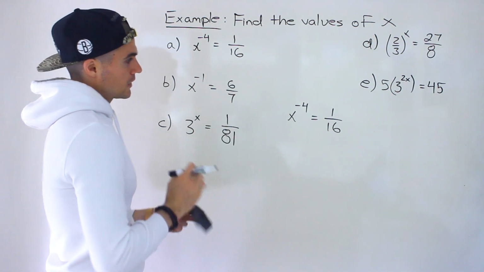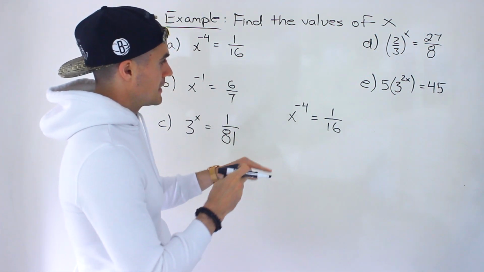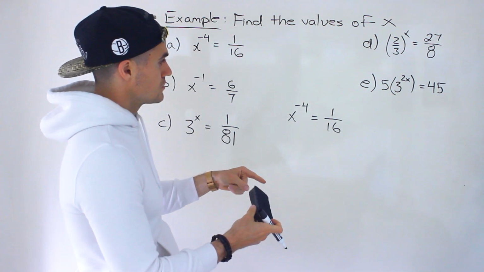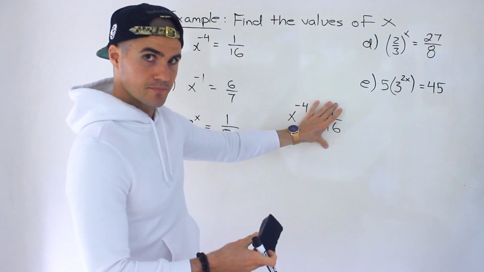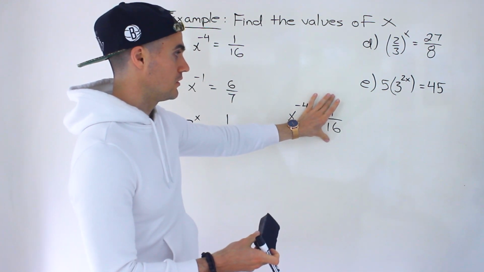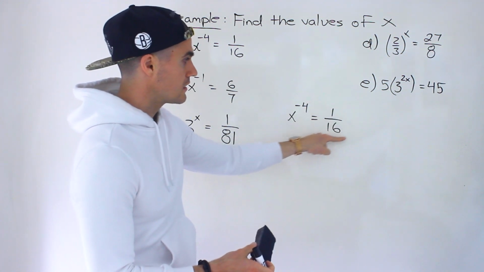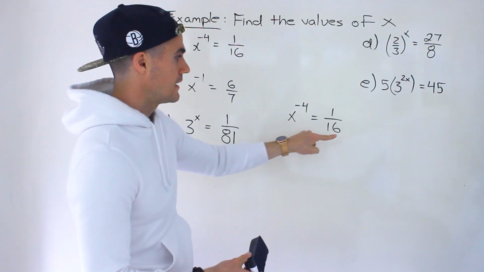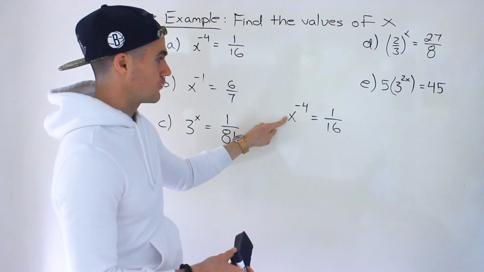The way that I recommend doing is using exponential rules to take the side that has all numbers, that doesn't have the variable on the side. So notice the left side in this case has the variable. So take the right side and try to put it in this kind of format over here.